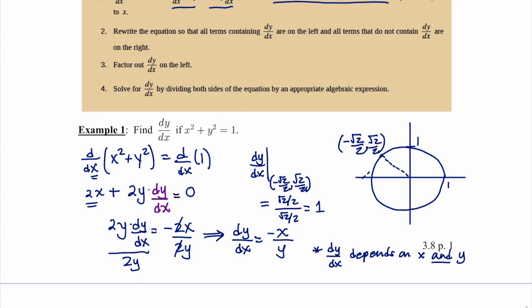And that seems like it is probably good, right? It looks like the tangent line there would probably have slope 1. So at least from picking on that one point, we can see our formula for dy/dx looks probably fine.